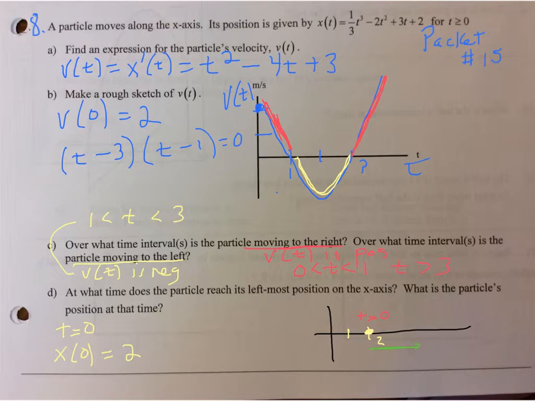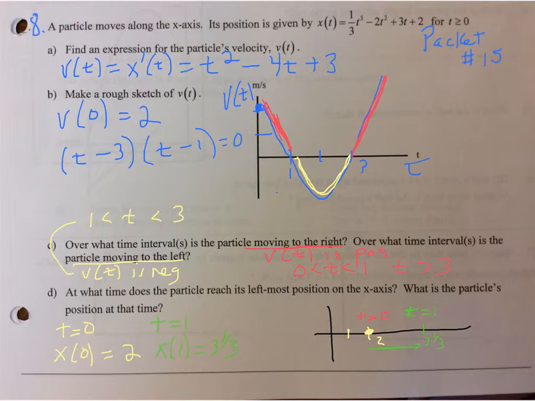So at t equals 1, what's its position? Well, if we do that computation, it looks like it'll be 3 1/3 if I'm doing that correctly in my head. So it gets to 3 1/3.